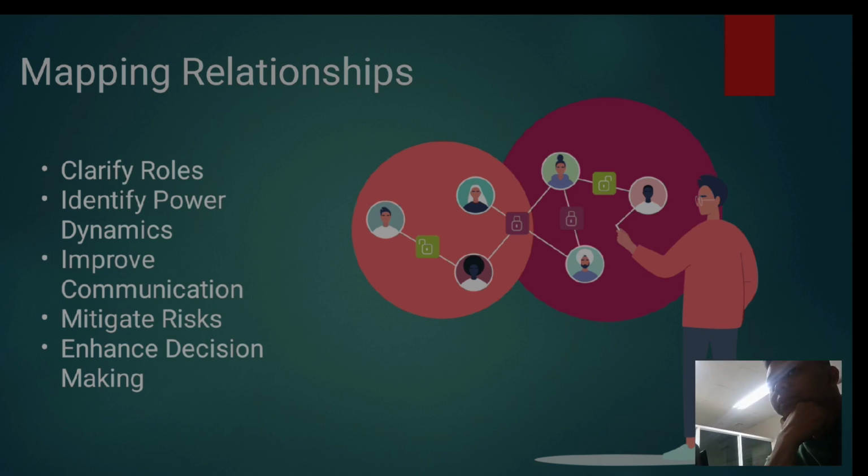Okay, so it's also important to identify the power dynamics of the organization. So in order to assess, we need to identify the influence level for decision making.